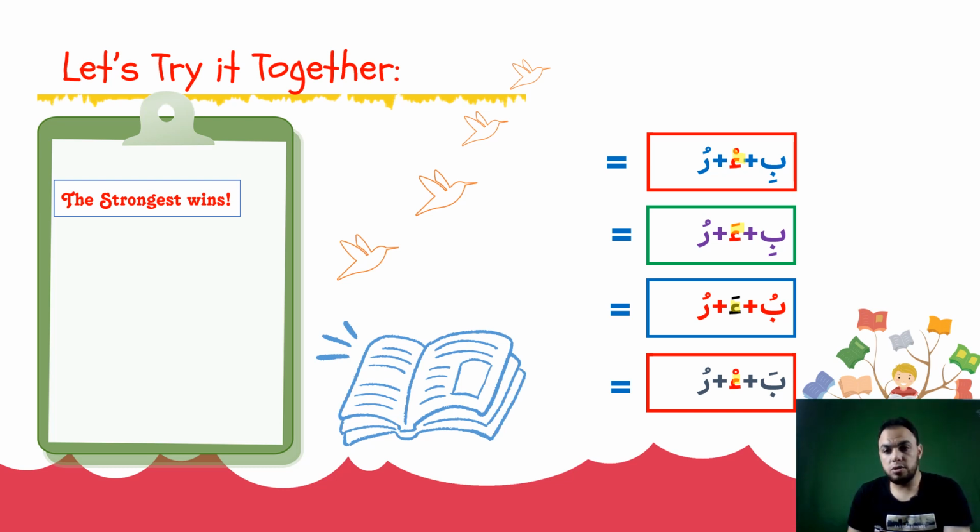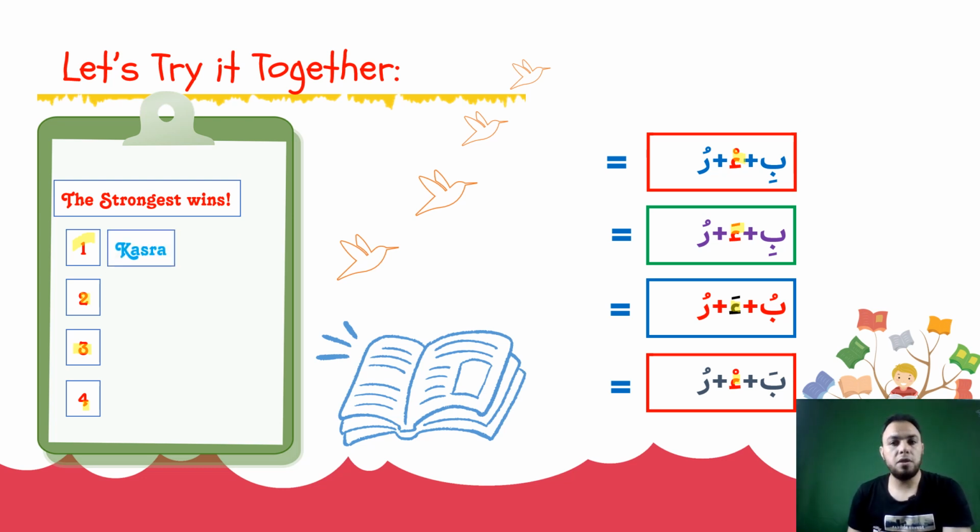So we don't know which one is the strongest. Let's see together. We have the first, the second, the third, the fourth. What is the strongest among them all? The strongest among them all is kasra. Kasra is the strongest among the harakat, among the vowels.